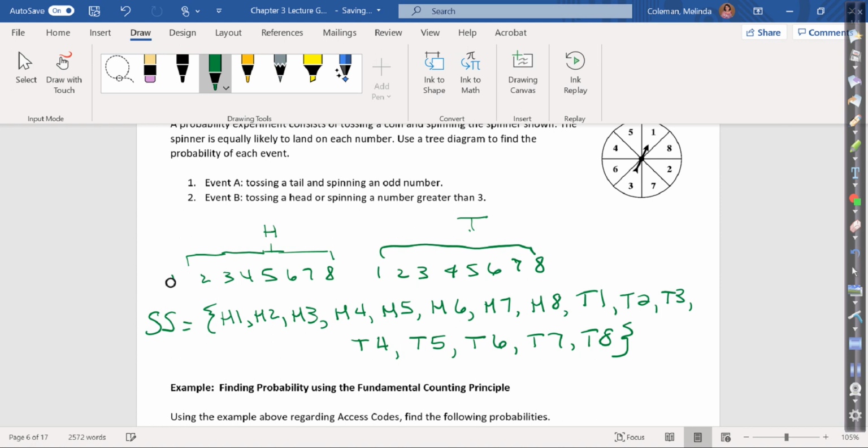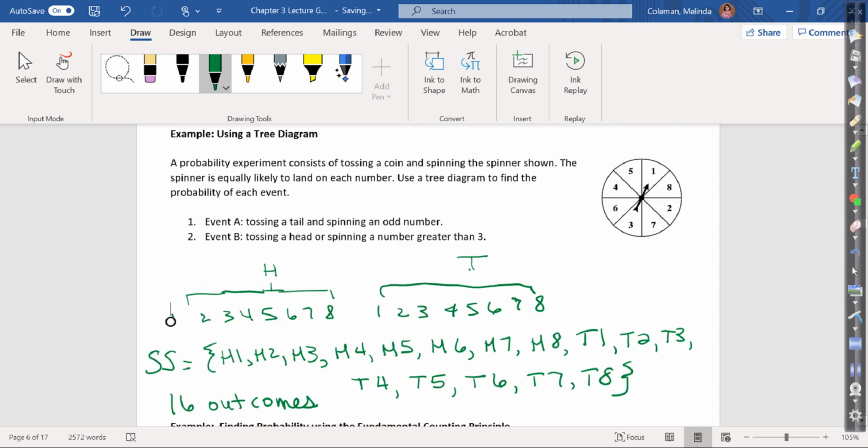So how many outcomes do we have? Well, we would have 8 for flipping the head, and another 8 for the tails. So there would be 16 outcomes.